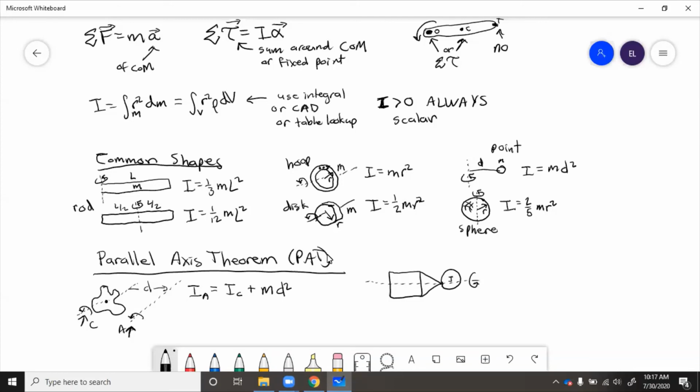So let's see, I for the circle, I for the triangle, I for the rectangle. So total I equals sum of all the individual I's, which equals I for the rectangle plus I for the triangle plus I for the circle. So sum I for composite bodies.